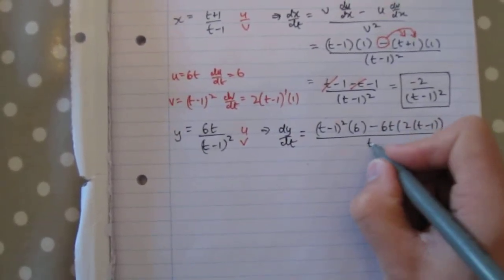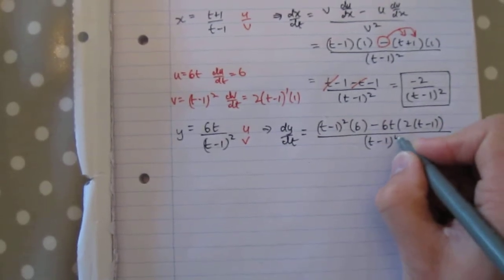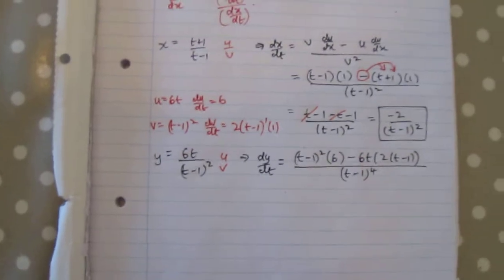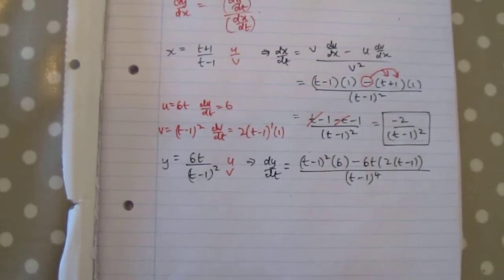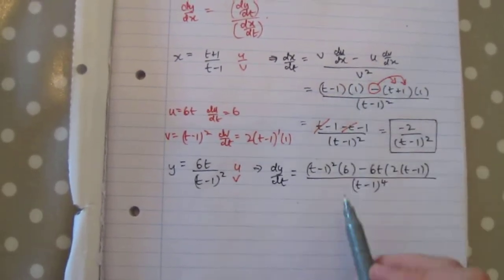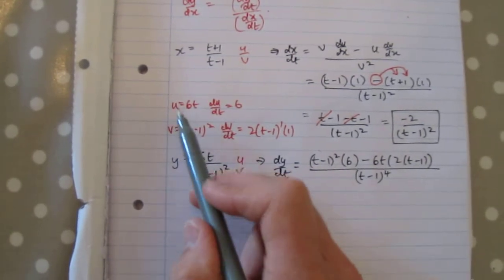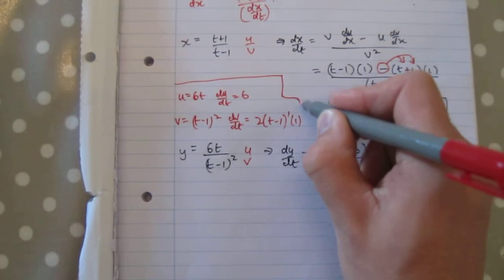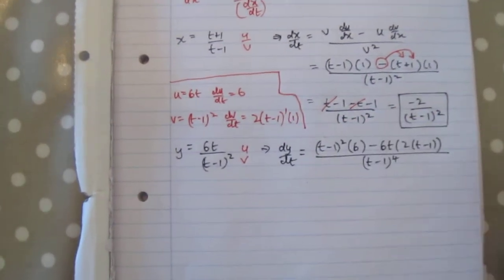The whole thing is over ((t minus 1) squared) squared again, right? So you're squaring the bottom line, so you get a power of 4. Okay, so we're filling in this same formula down here. We're using the u and the v, the du/dt and the dv/dt that we worked out here.